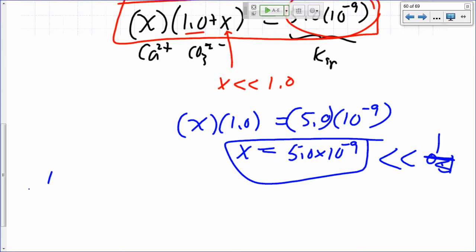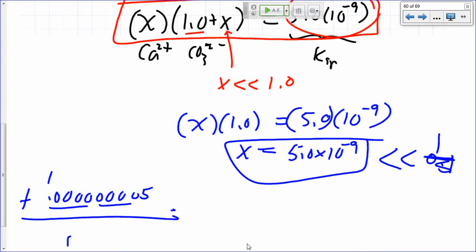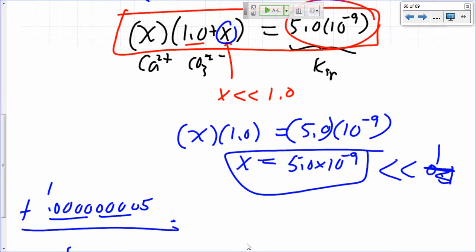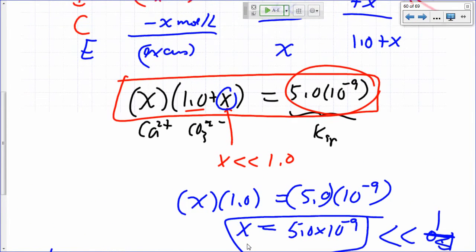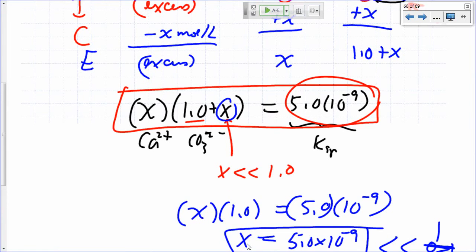What is 1 plus 0.000000005? That's still 1, right? So I can ignore that x right there. What do you notice about your solubility? It's a very small number, right?